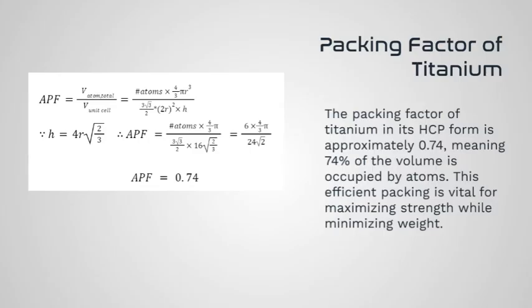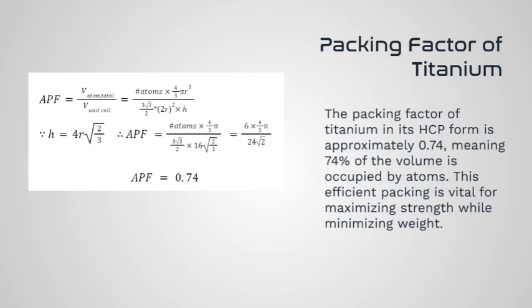So the atomic packing factor for titanium we determined to be 0.74, which means that 74% of the volume is occupied by atoms inside the unit cell. This was calculated by the APF formula, which takes the total volume of the atoms over the unit cell volume.